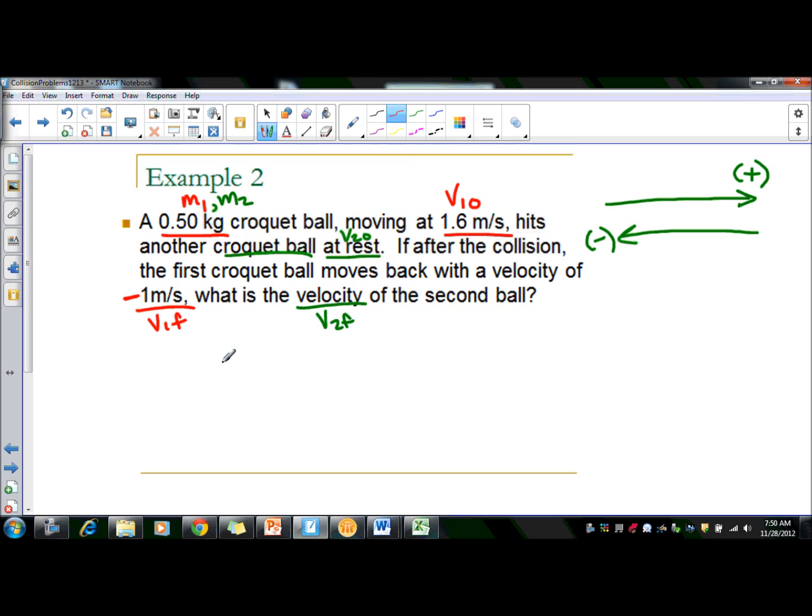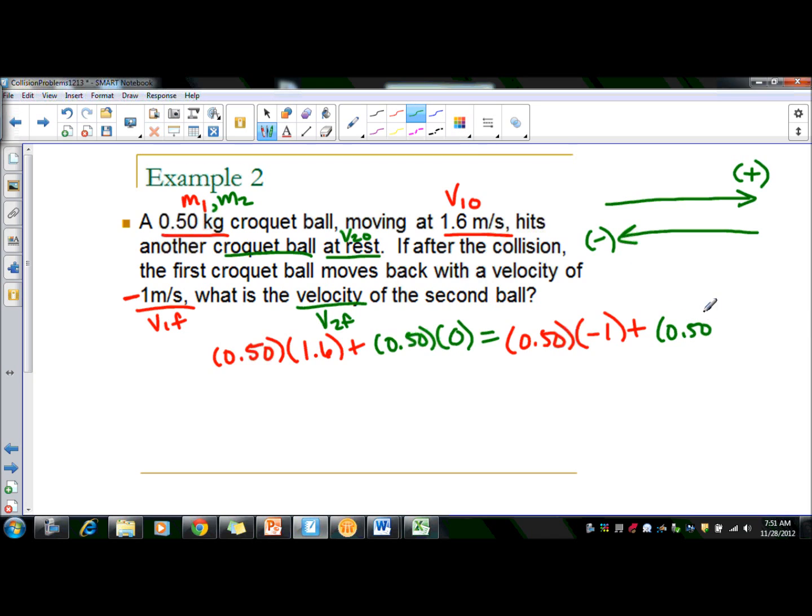So I'm not going to write out the equation again. I'm just going to go ahead and start working it out. So 0.50 times our initial velocity, 1.6, plus our other croquet ball, 0.50, times rest, which is 0, equals 0.50 going a negative 1 plus our second, which is 0.50, times V2F.